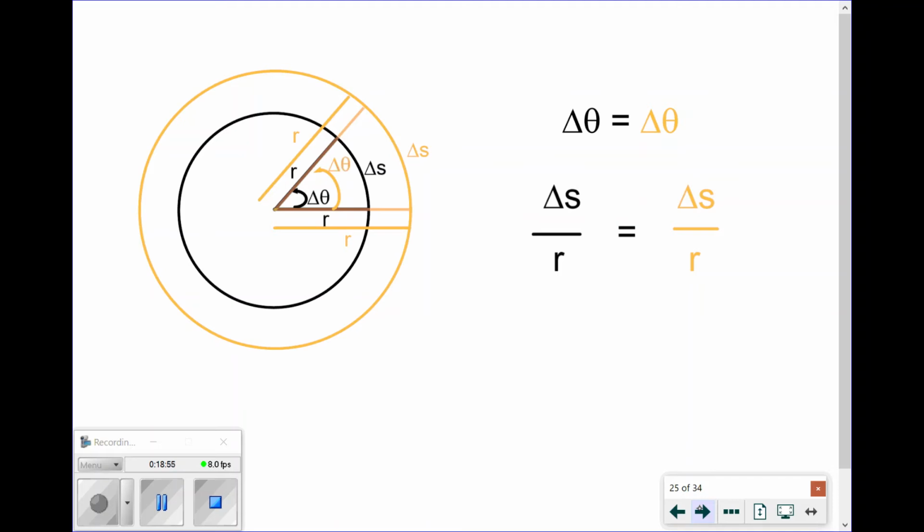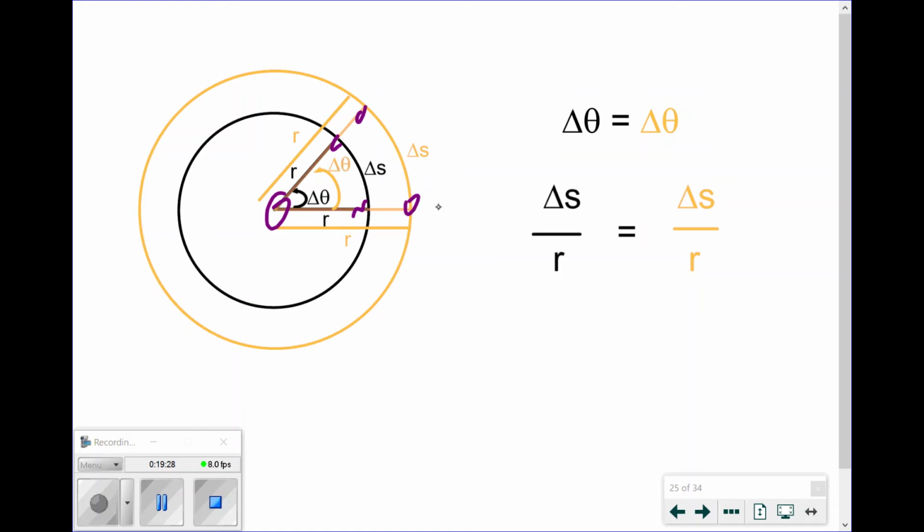And just like with triangles, where if the angles are the same, I have similar triangles, and thus I have a ratio that I can use because they're all proportional. I have here similar pizza slices because their angles here, here, and here are all exactly the same with one another.